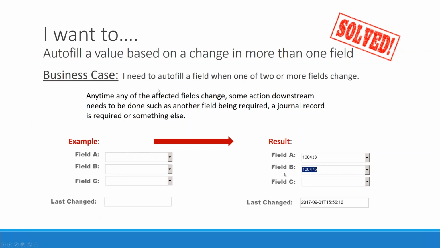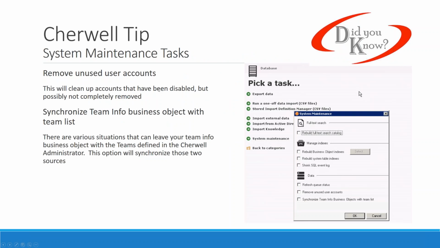The next thing is a "did you know." Most people probably know this, but newer Cherwell customers may not. There's a remove unused user accounts option, and that will clean up user accounts that have been disabled but possibly not completely removed. A lot of times you may come with a question: this user hasn't been here for a while, and it's disabled, but we're able to log in or something like that.